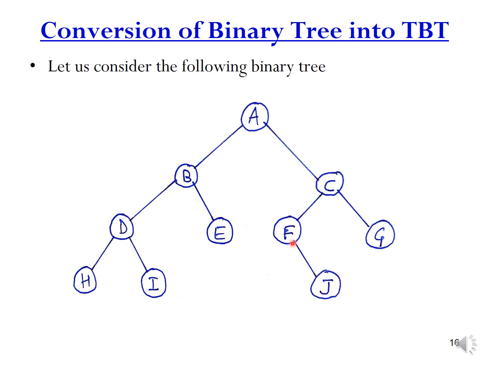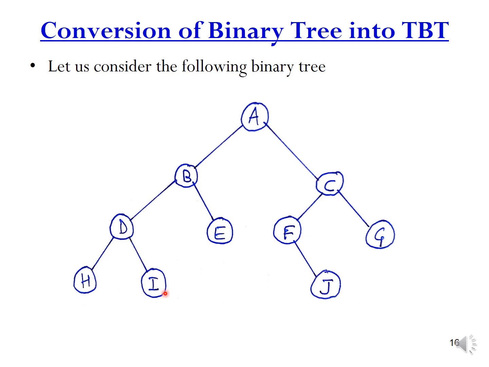This node F has a left null pointer, but its right pointer is pointing to a child, that is node J. In the same way, C has left and right children F and G. G also has a left null pointer and a right null pointer, or we can say all the leaf nodes have both left and right null pointers.